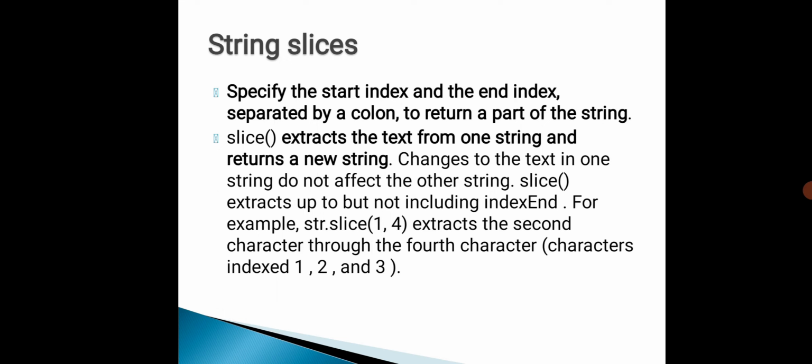A slice extracts the text from one string and returns a new string. Changes to the text in one string do not affect the other string. A slice extracts up to but not including the end index. For example, string[1:4] extracts the second character through the fourth character.